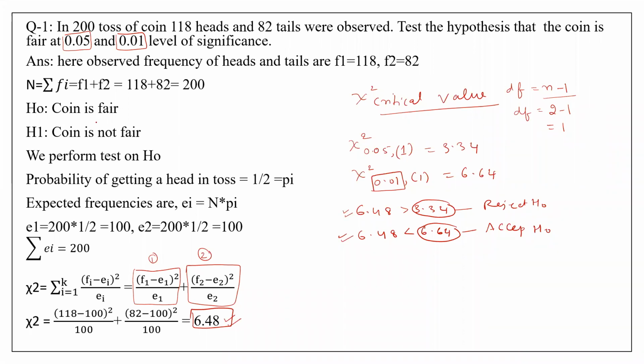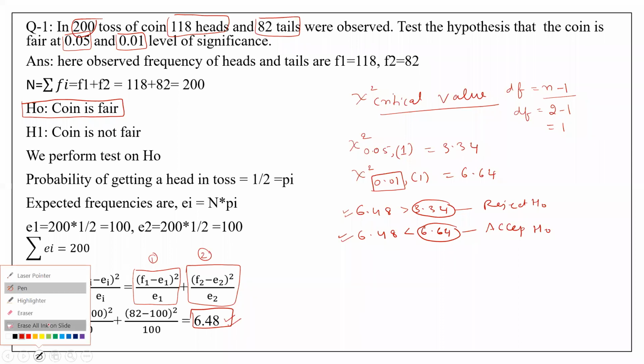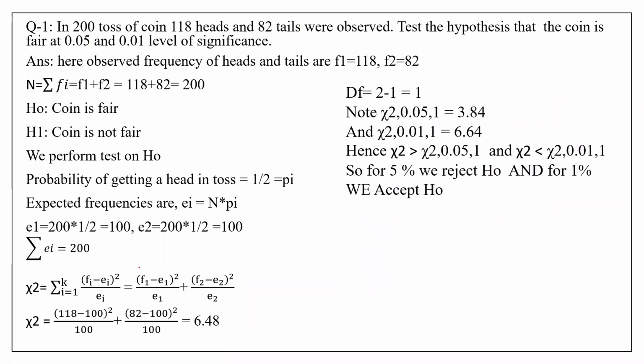So basically overall I can claim that your coin is fair even though you are getting more heads and fewer tails in 200 tosses. All right, so the same thing I have mentioned here. Your degree of freedom is 2 minus 1, chi-square values are 3.84 and 6.64.